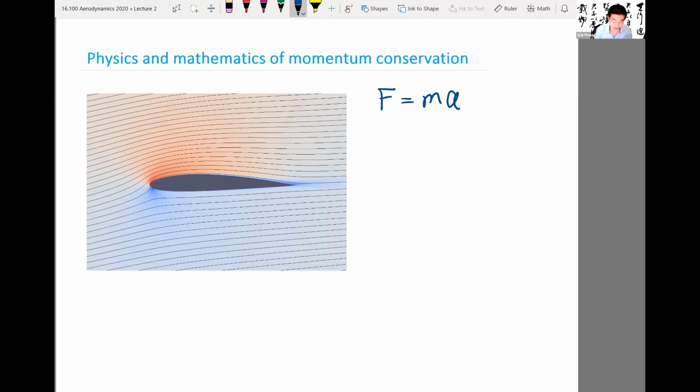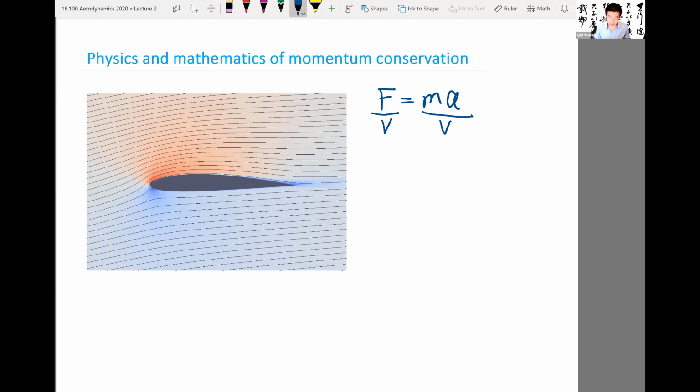All right. Now, F equal to ma works usually for a well-defined object that has a mass of m. In our case, the fluid is everywhere, right? So we don't really have a well-defined object that's called the fluid or the air. So instead of F equal to ma, we usually divide all of these by the volume.